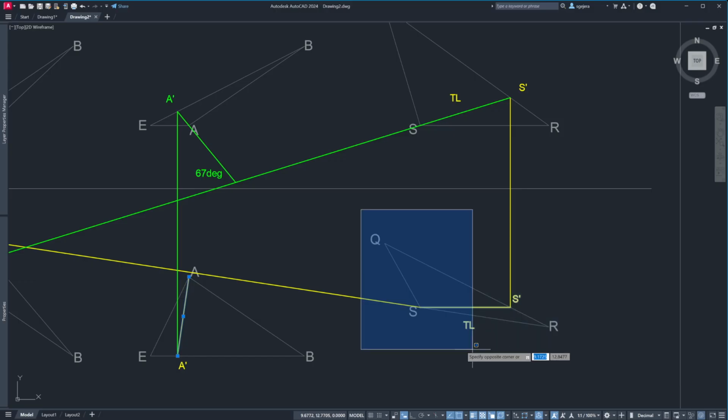If not, ibig sabihin nun, you can't find a line contained in EAB that will be truly perpendicular to all lines contained in QRS. And therefore, EAB is no longer a candidate to be a perpendicular plane to plane QRS.